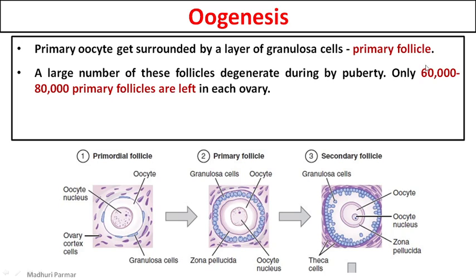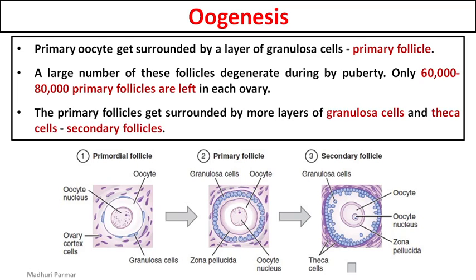So in each ovary, 60 to 80,000 primary follicles are left by the time of puberty. These primary follicles get surrounded by more layers of granulosa cells. Now you can see the granulosa cells. This is called the primordial follicle, but I don't think this term is given in your textbook. Primordial just means the first, so this is the first follicle, in which granulosa cells are quite flat.